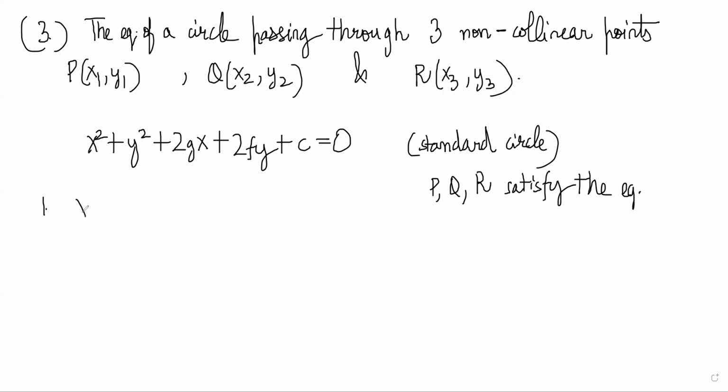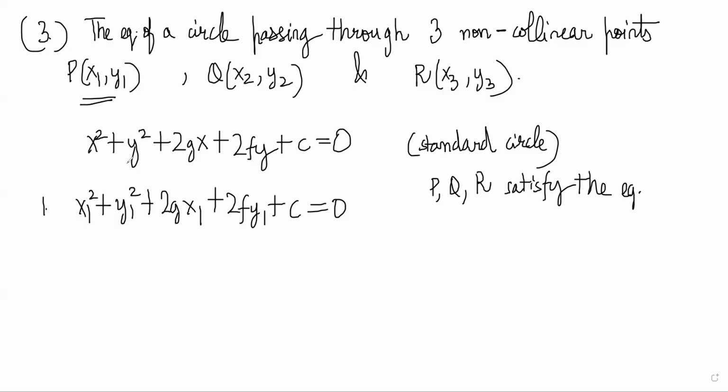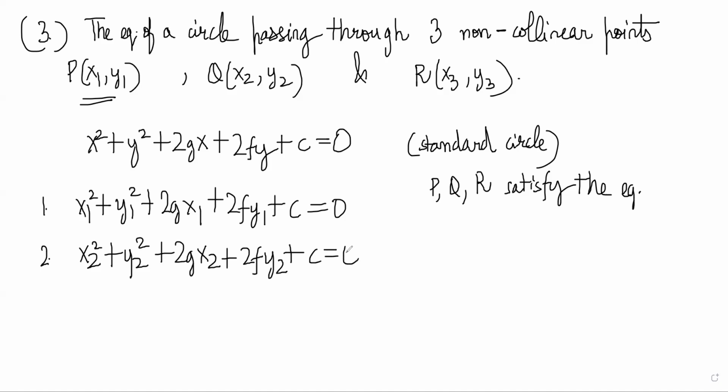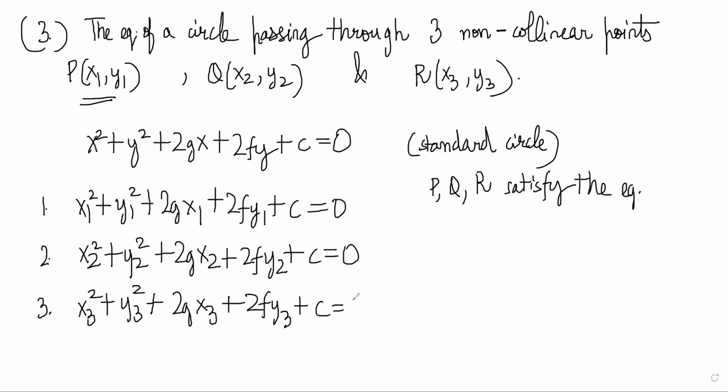So if you put that here, you get x1 square plus y1 square plus 2gx1 plus 2fy1 plus c equals 0. You have just put x1, y1 into the circle equation. Second result is x2 square plus y2 square plus 2gx2 plus 2fy2 plus c equals 0. And third result is x3 square plus y3 square plus 2gx3 plus 2fy3 plus c equals 0.